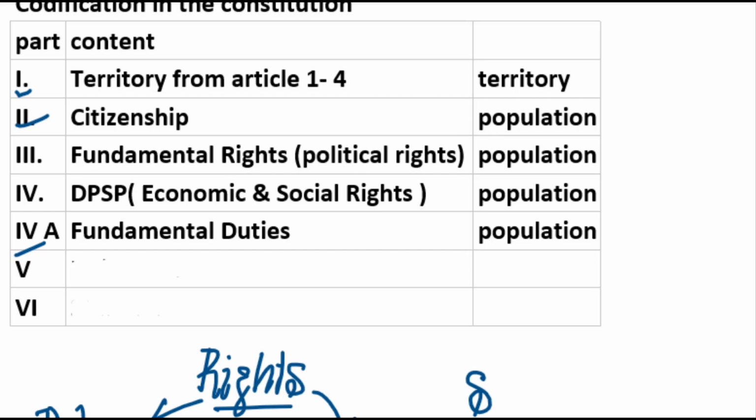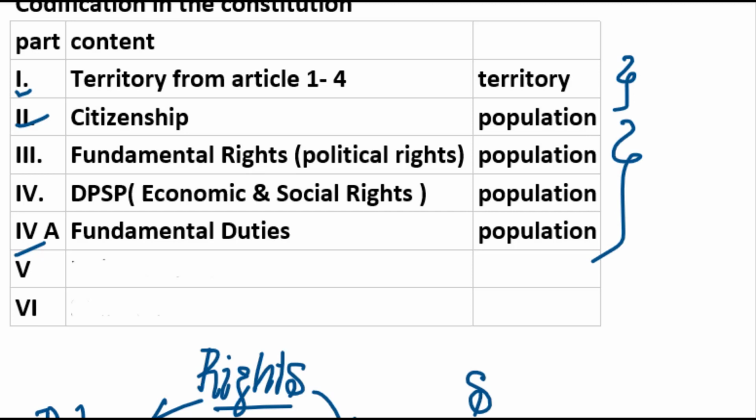Now please pay attention to this last part. We are trying to examine if our constitution is organized or not, if it is codified or not. So we looked at the first part. First part discussed the territory, and then the next of the parts, from part 2 all the way down to part 4A, we discussed the population.